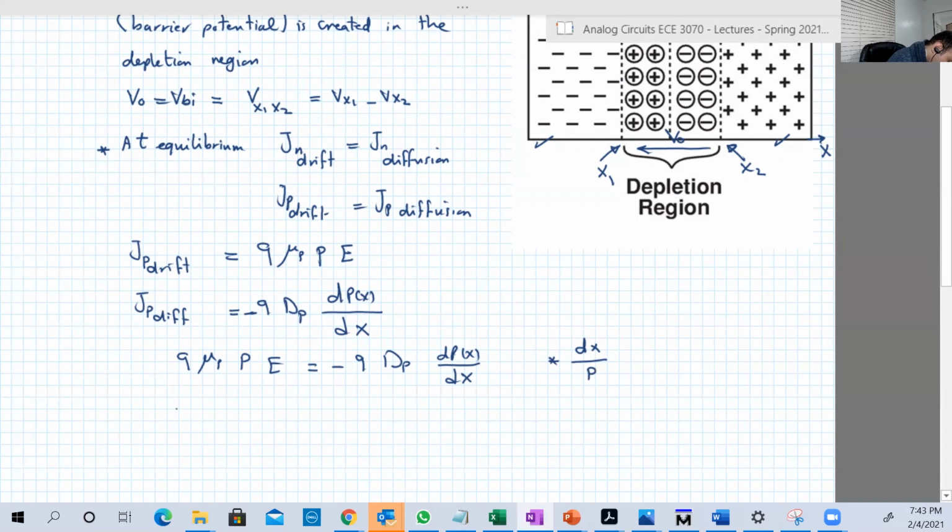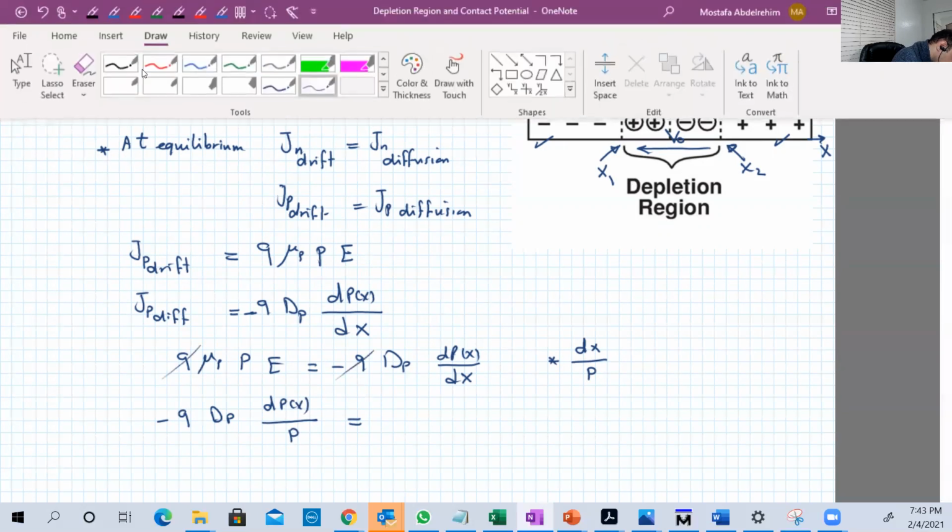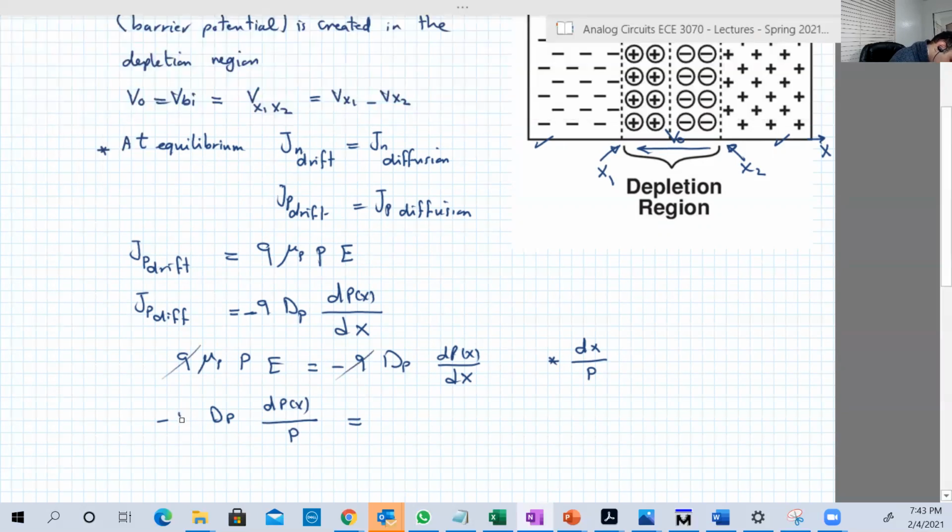This will be equal to, let's have this first, minus q dB of x over b equal to, of course q will go with q, so we don't need to write it again, equal to mu b E dx.